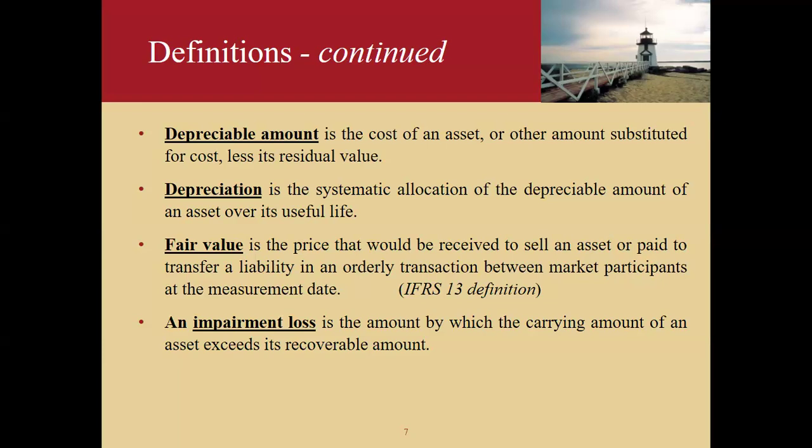So the difference between the cost of the asset and the residual value is this depreciable amount. Then depreciation is the systematic allocation of the depreciable amount of an asset over its useful life. So we all know from financial accounting what depreciation is, and we shall look at it extensively later on in the session.